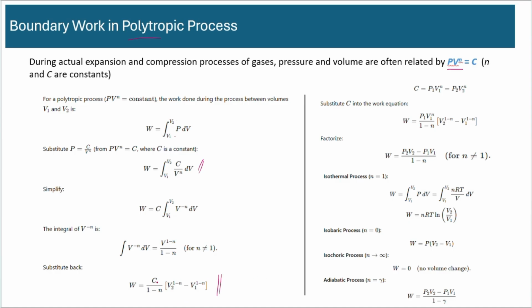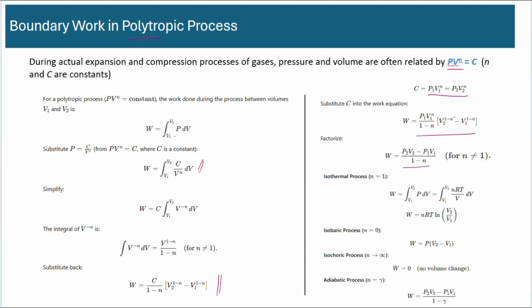Now you have to find the value of C, which can be easily found by substituting the initial and final pressures and volumes. When you substitute C back into the equation, you get this particular term, which can be further factorized into this.